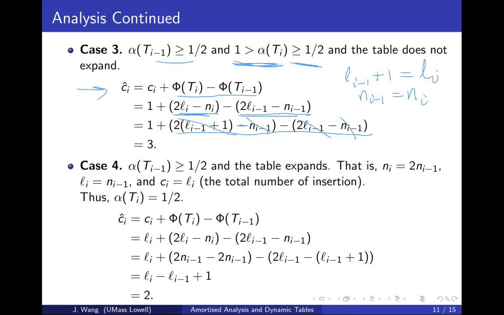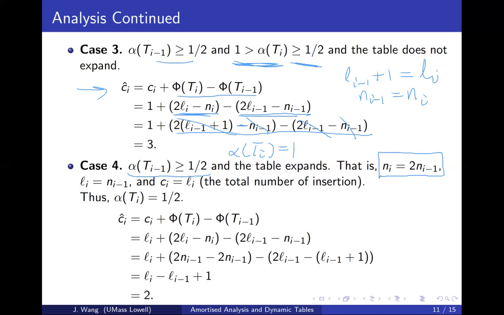Now the next case: before insertion, the load factor is greater than or equal to 1/2, and after insertion, the load factor becomes 1. So that means we need to expand this table. So n sub i is now equal to 2 times n sub i minus 1.